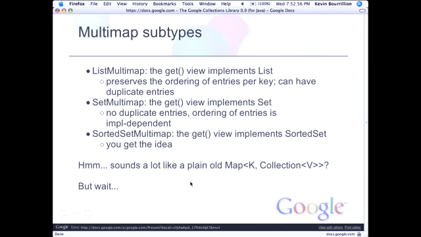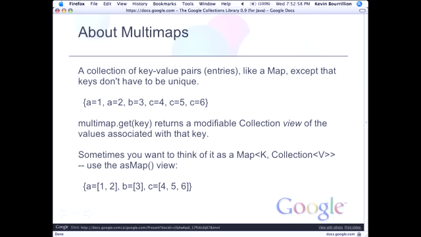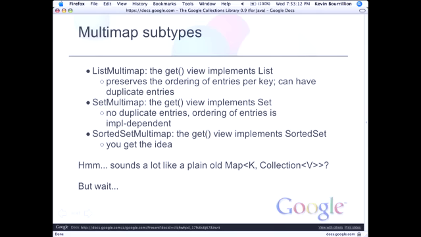There are a few subtypes of multimap. Right here I said that get on a key returns you a view of all the values that correspond to that key. That view is a collection, but different multimaps will have different behavior for that collection. The names that we're using for these types are list multimap and set multimap, because in list multimap, the collection of values corresponding to a key implements the list interface, and in set multimap, it implements the set interface.